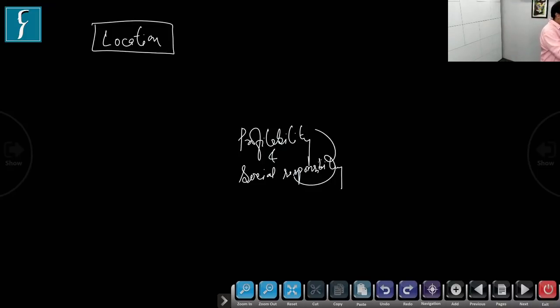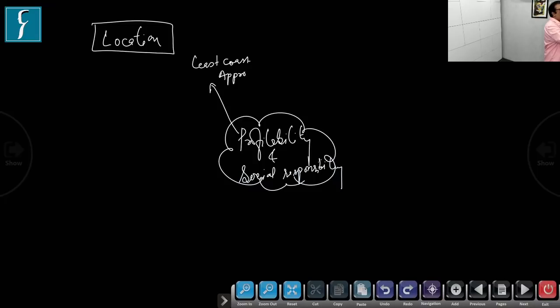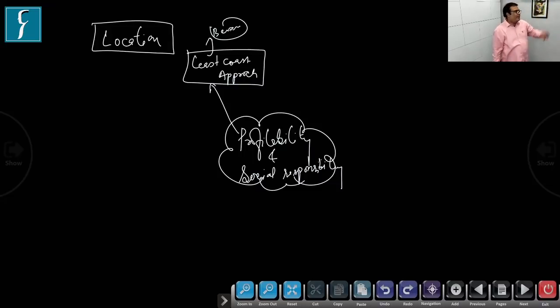Now you see, if profitability has to come, it can come through the least cost approach. We can take inspiration from the Weberian model. It can also come through the high cost approach.